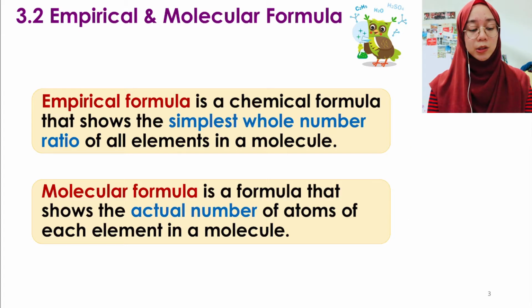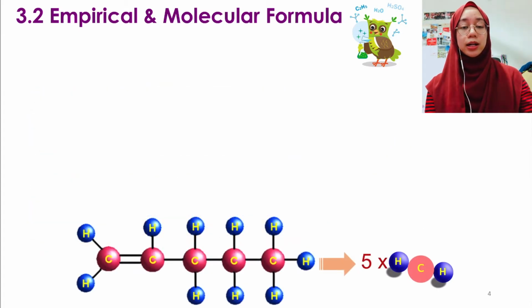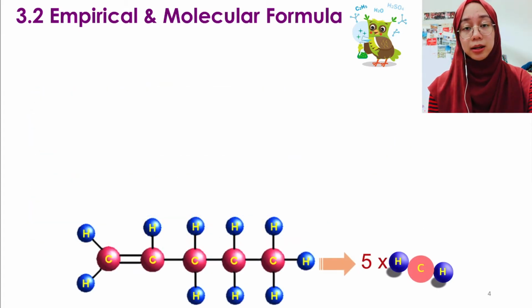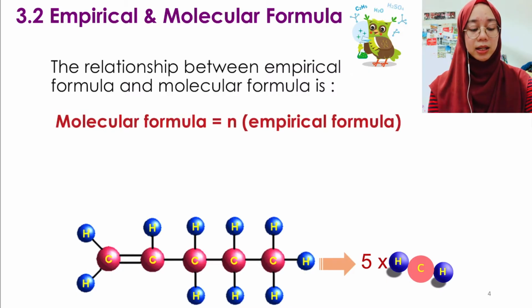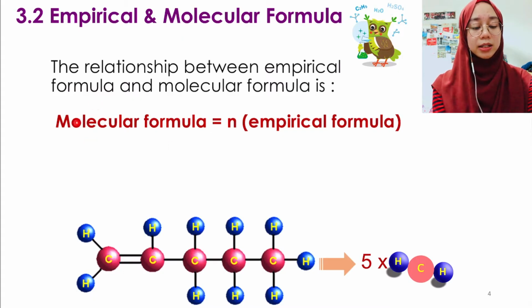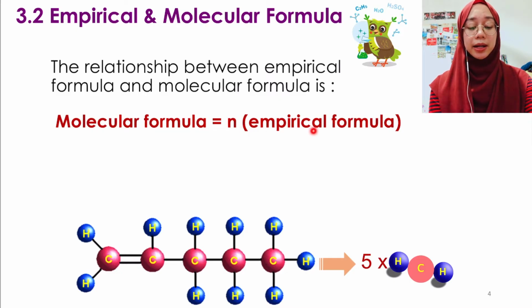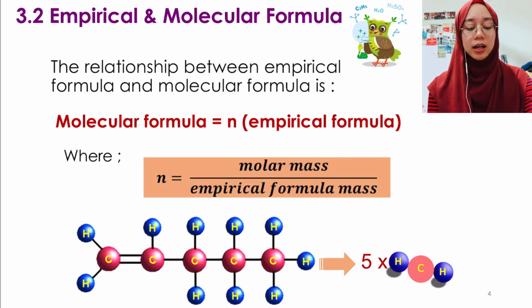Okay, so next, kita pergi pula kepada apa relationship antara empirical formula and also molecular formula. Okay, so the relationship between empirical formula and molecular formula is basically the molecular formula is equals to N darab dengan empirical formula, whereby value N dekat sini adalah bersamaan dengan molar mass.